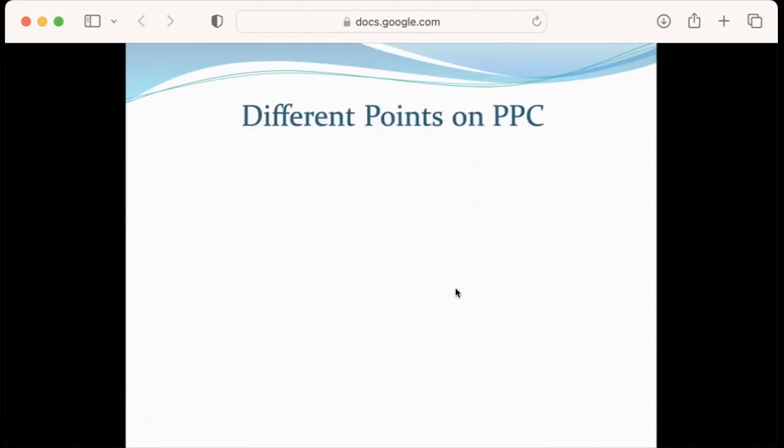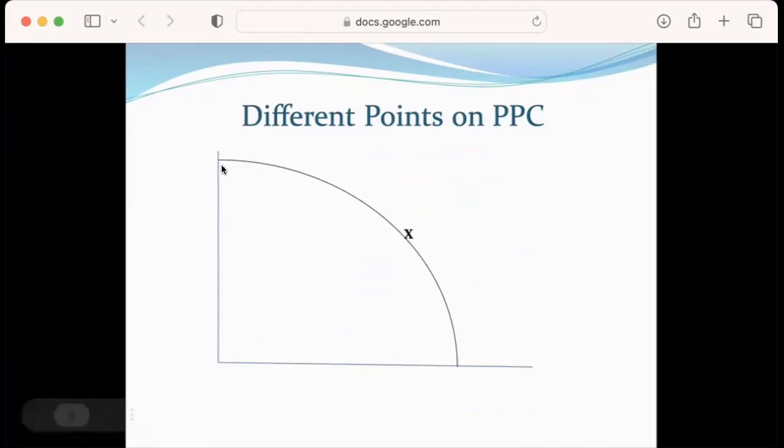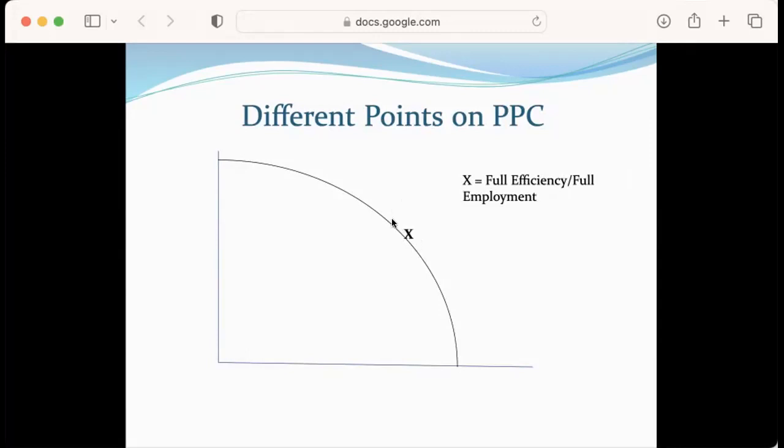Now let's come to the last point here, the last discussion related to PPC, which is different points on the production possibility curve, right? As you can see, this is the production possibility curve of a country where this is one point the country can produce, point X. At point X, the country can produce anywhere on the curve. What if they are actually producing the same units?